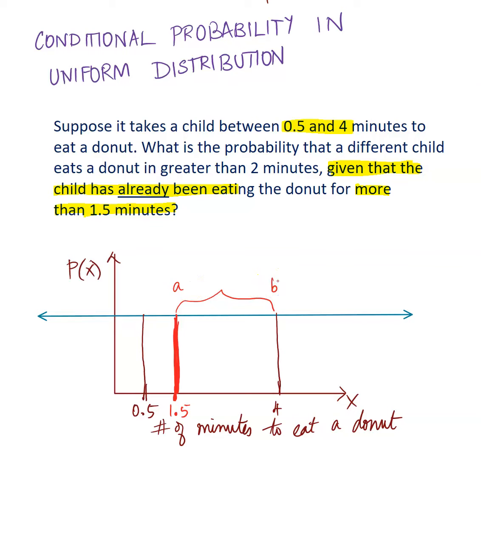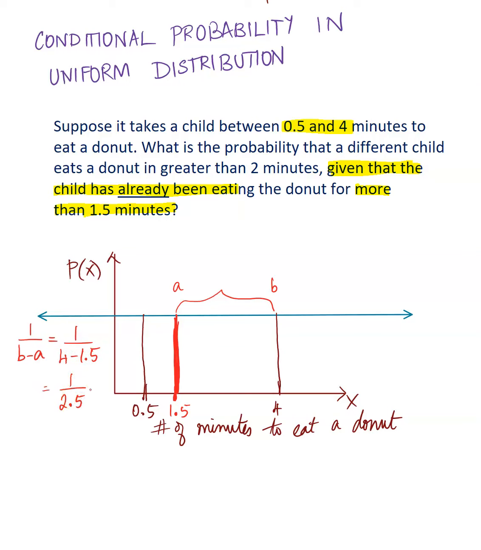Okay, so your height here, or the probability P of x, is 1 over B minus A, and the B has changed, the A has changed because of the condition, right? So what would have typically started at 0.5 is now starting at 1.5. So it's 1 over 4 minus 1.5. This is 1 over 2.5.